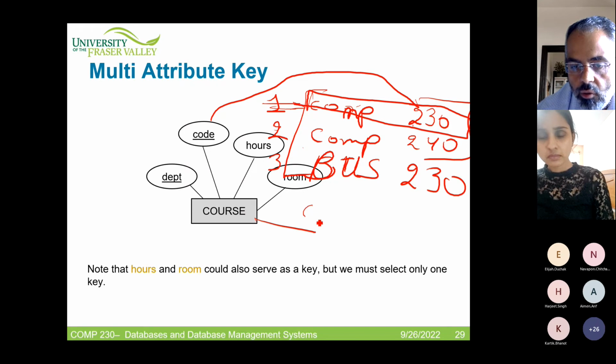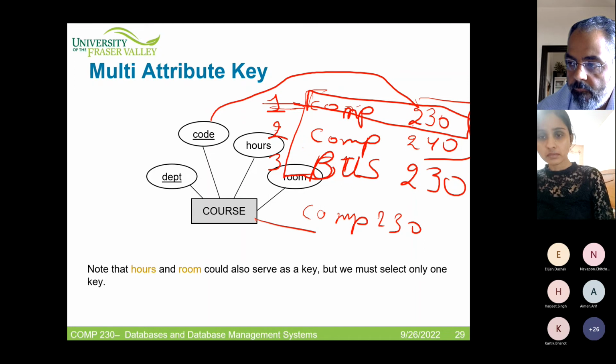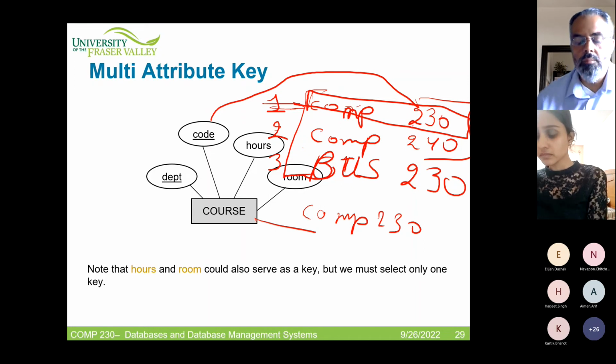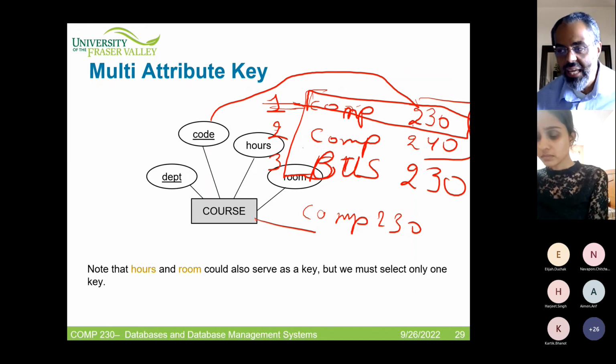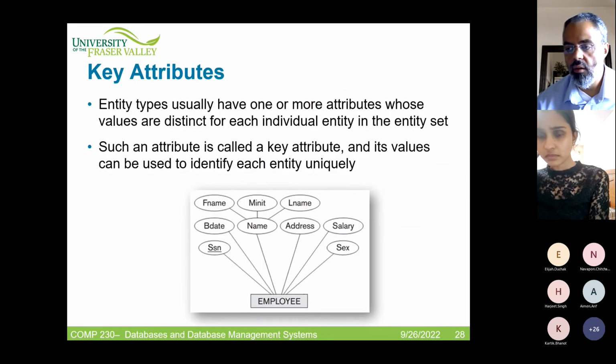I will never have another COMP 230 here, for example. So both of them in this case can make a key, not one of them, not like social security number, where only this attribute can be a key.